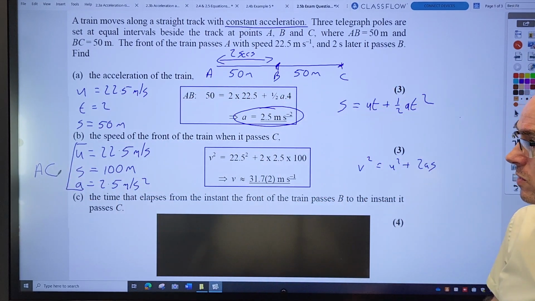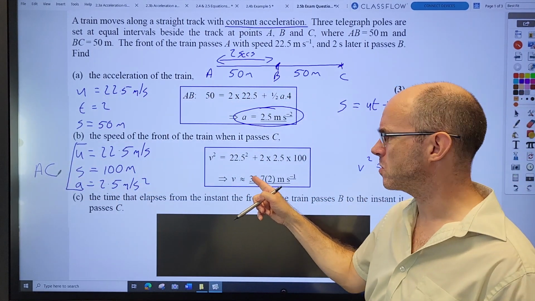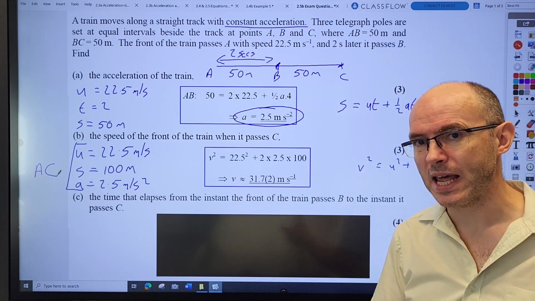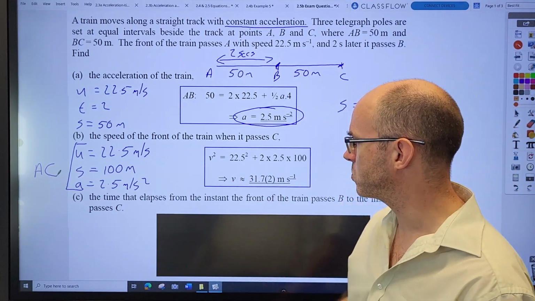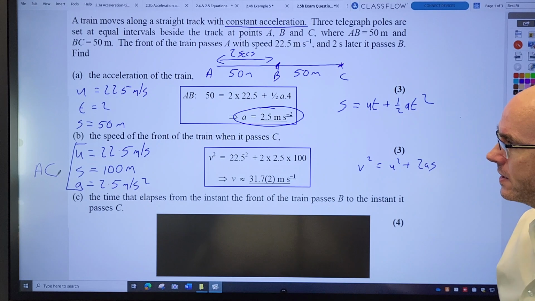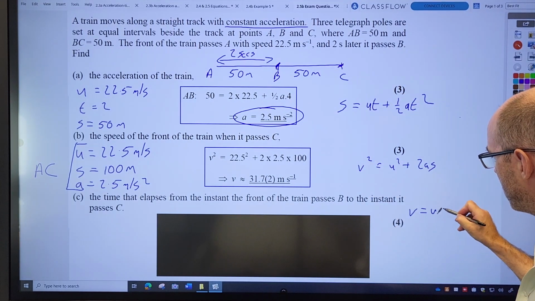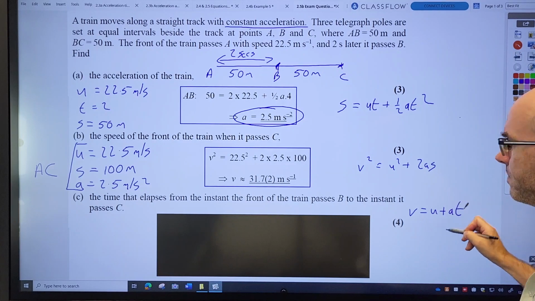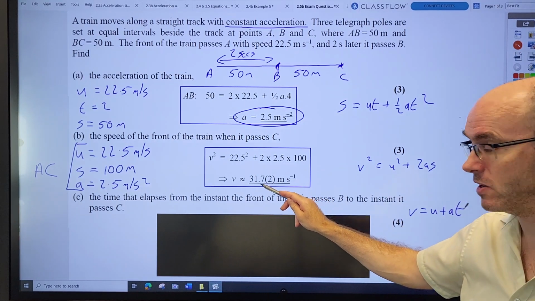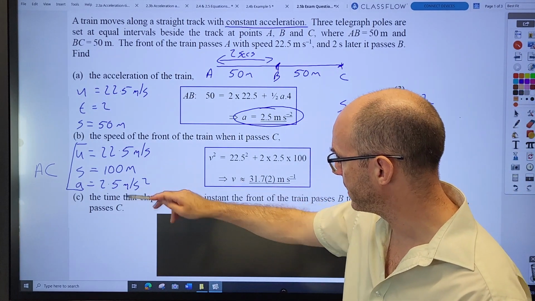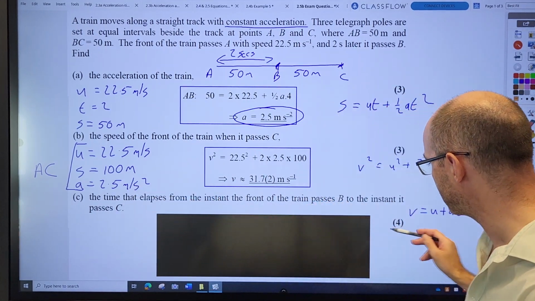And we've got something else we can use, V. So we've got loads of different information now that we can use from A to C to just work out what the time taken is. I generally prefer, has to be said, V equals U plus AT, because then you can use the V you've worked out, the U from that, A there, and T, rearrange it.